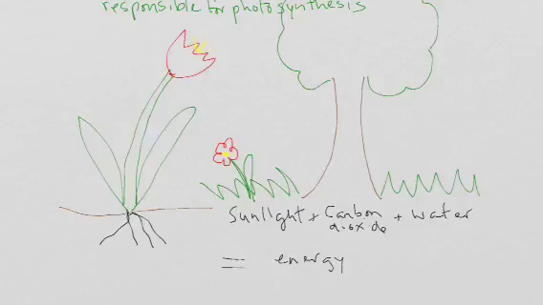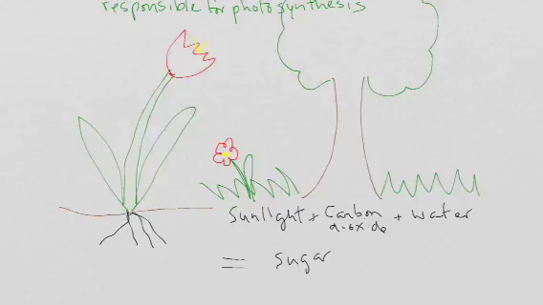Now that energy, all right, is actually stored in a molecule. So I'm going to erase the word energy. It's stored in a molecule of sugar. Sugar, and in the process of undergoing photosynthesis, oxygen is produced.